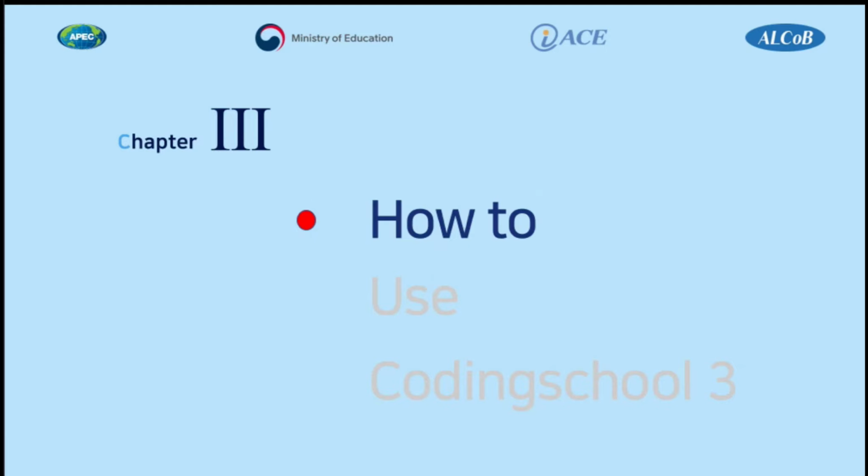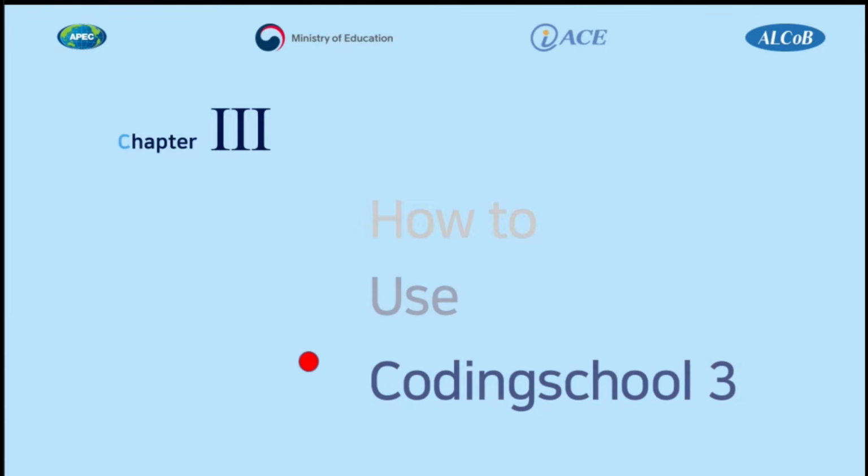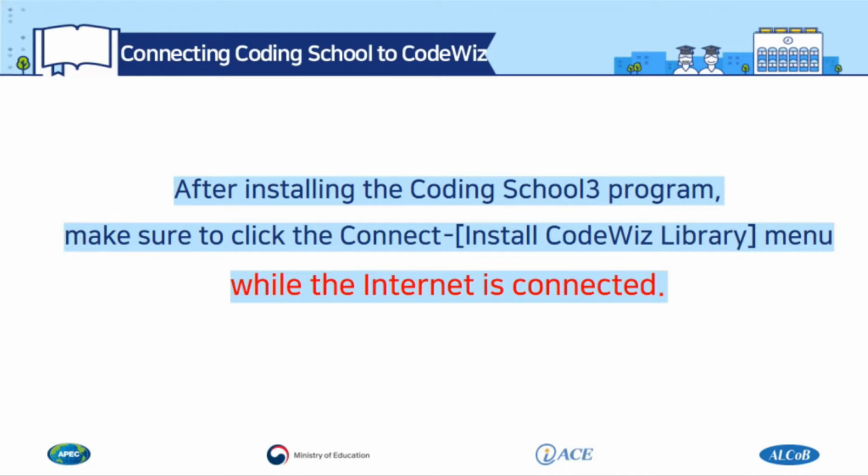Now, let's learn about how to use Coding School 3 program in the third order of the lesson. After installing the Coding School 3 program, make sure to click the Connect Install codewiz library menu while the internet is connected.